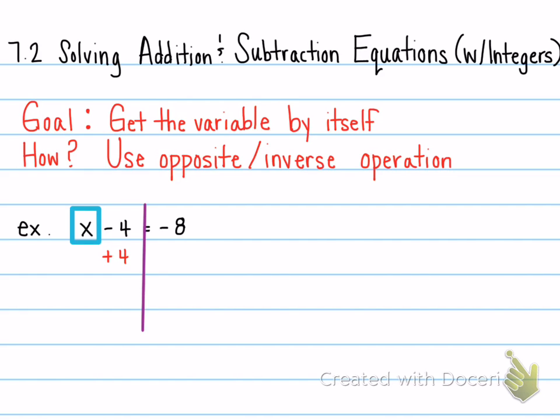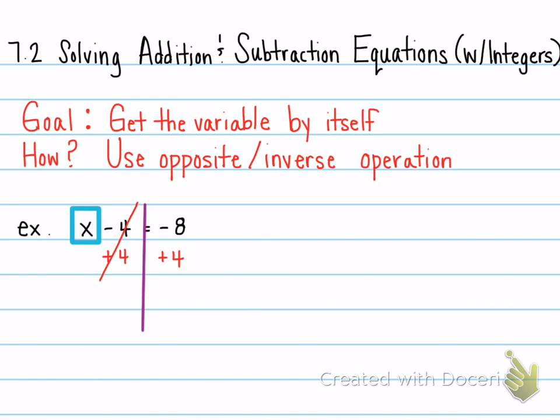The reason we do that is because a -4 and a +4 cancel out and equal 0. We just don't write that 0 because it doesn't change the value of x. So if I add 4 to the left side of the line, I need to add 4 to the right side of the line.